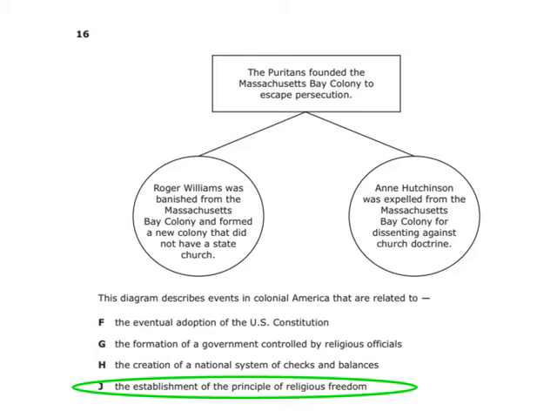So these are early colonial governments and colonial attitudes towards religion. Remember I told you that one thing we notice on the test is this idea of religious freedom, and these are two examples of it. Roger Williams was banished because of his religious beliefs, and then he set up a more religiously tolerant society. Anne Hutchinson had a similar experience.